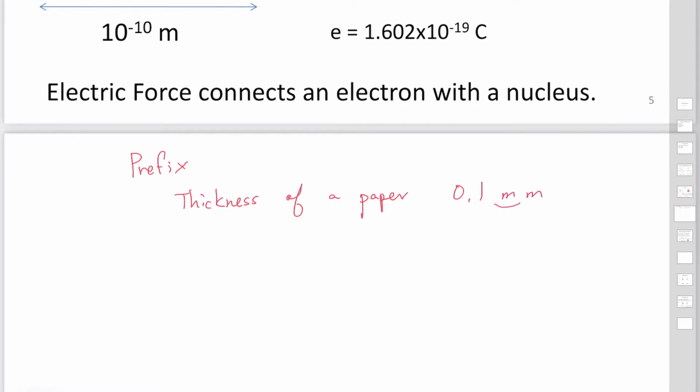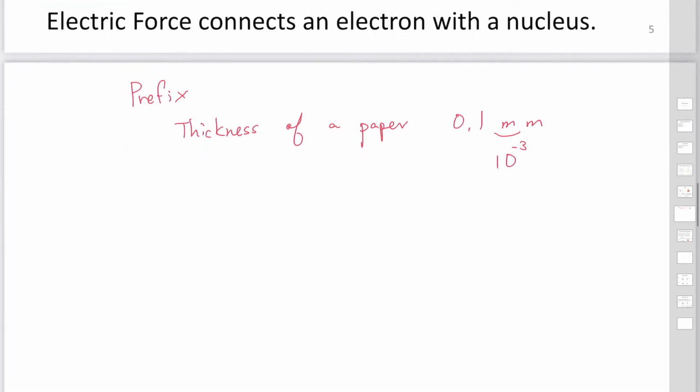So this milli means 10 to the minus 3. This is a prefix. Sometimes to describe the size of a cell, the size of the cell is 1 micrometer. So this is 10 to the minus 6.